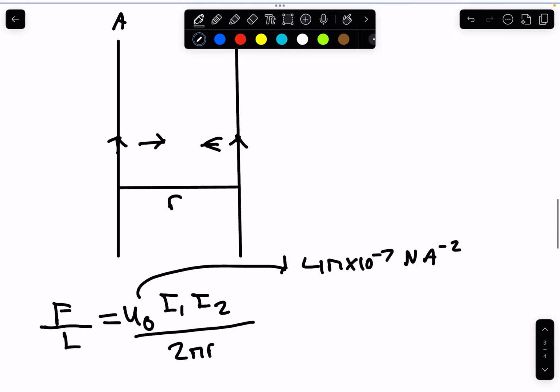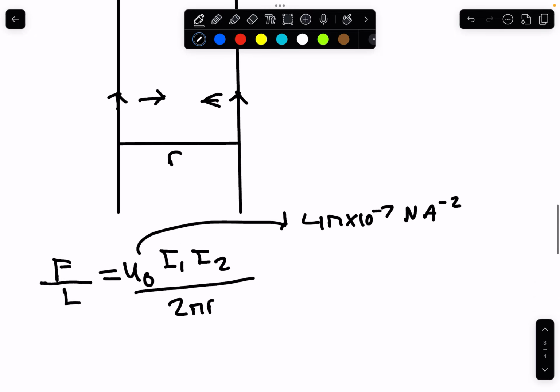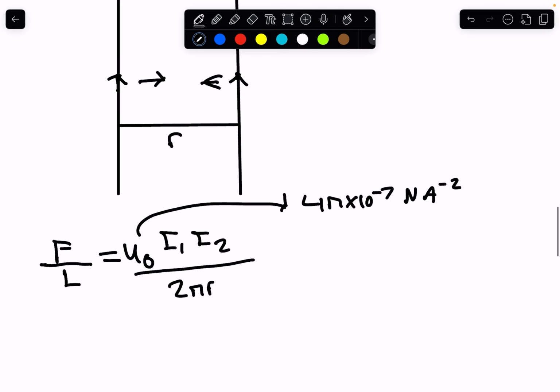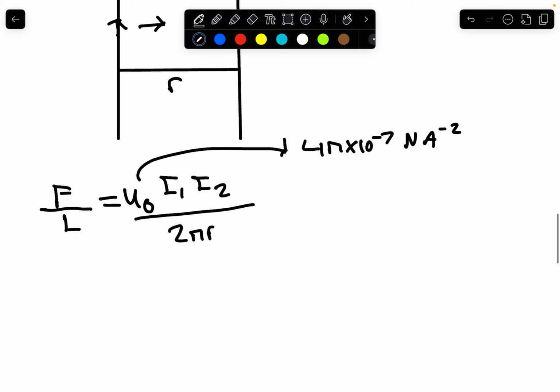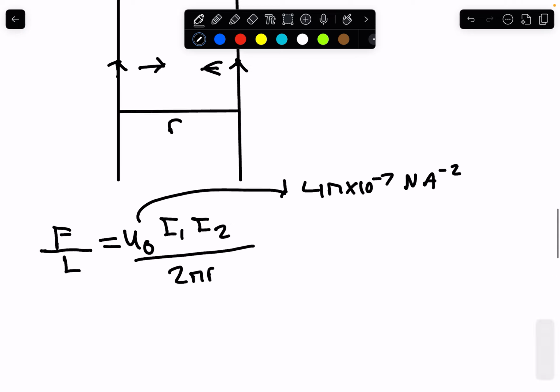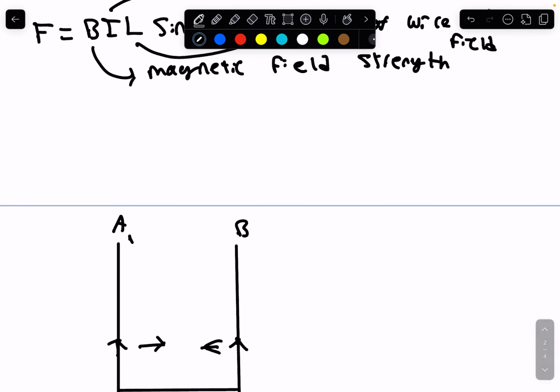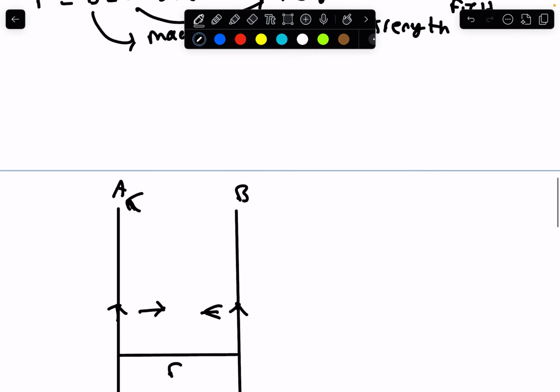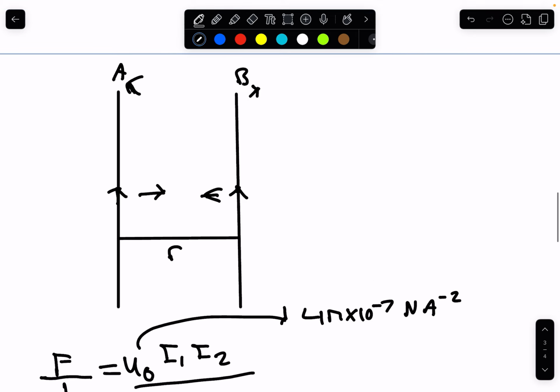A student who isn't focused will just use the values given, plug them into the equation, and try to solve for F, but that is incorrect. Why? Newton's third law applies here. When wire A applies a force on wire B, wire B applies an opposite and equal force on wire A. So the force applied by one wire on the other is the same as the force applied by the other on that one.